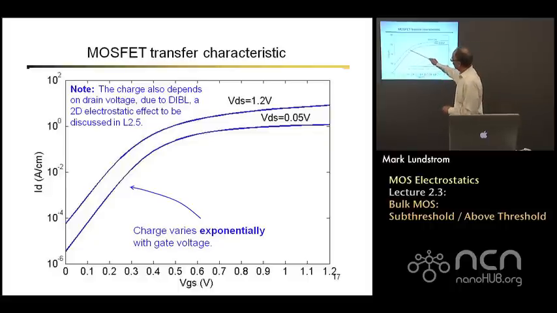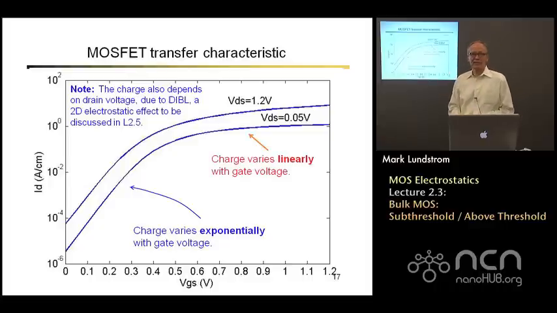That's why the current varies exponentially with gate voltage below threshold. Above threshold, the charge varies linearly with voltage. And current is charge times velocity, so the current varies linearly with voltage. So we've got a qualitative insight into why the transfer characteristics have this particular shape.